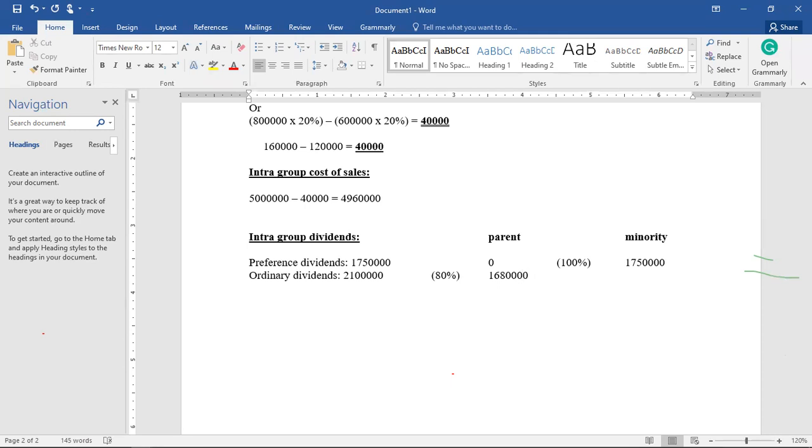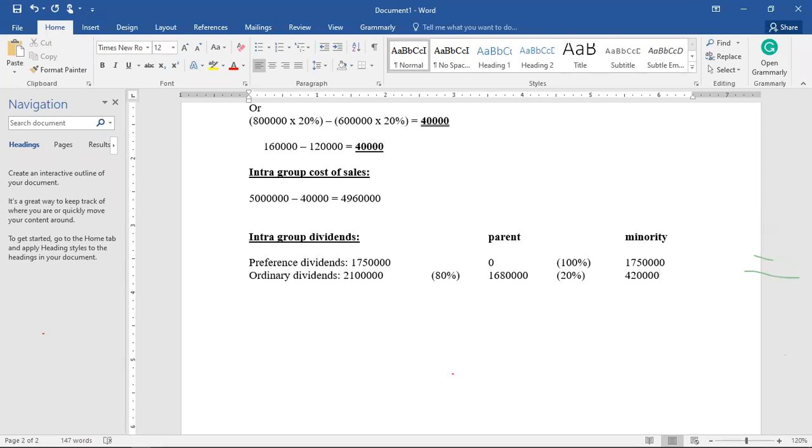Yes, please. Then that of the subsidiary, the minority will get 20%. How much is going to be the minority's portion? 420,000. This is going to be the minority's portion over there.